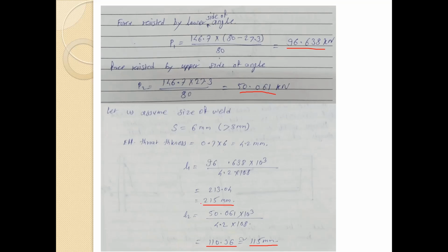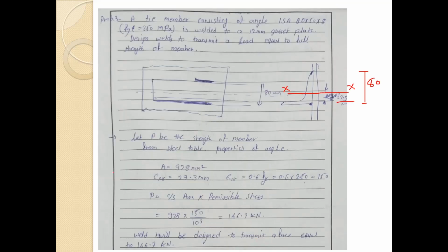So this way we can calculate both weld lengths, that is L1 and L2. So L1 is 215 and L2 is 115. So L1 we are providing over here. This is the L1, which is for the higher force.